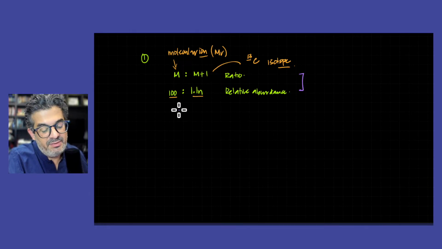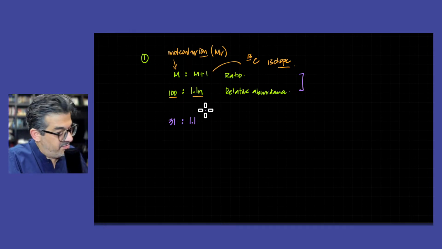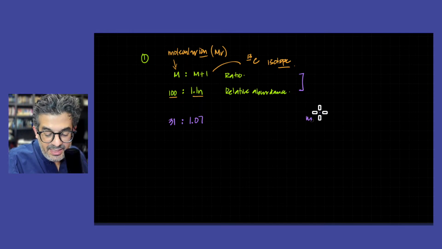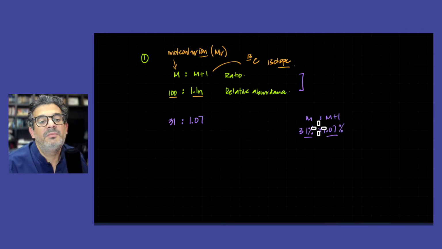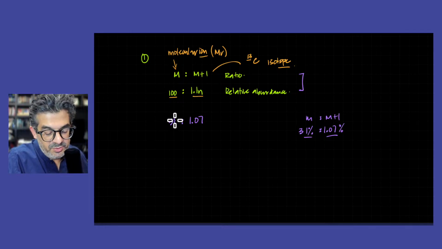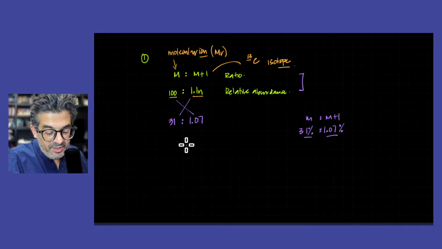Let's say somebody says the M to M+1 ratio is 31% to 1.07%. Can you use that to find the number of carbon atoms? You need to know that the M and M+1 ratio is supposed to be 100 to 1.1, and all you do is solve for n.